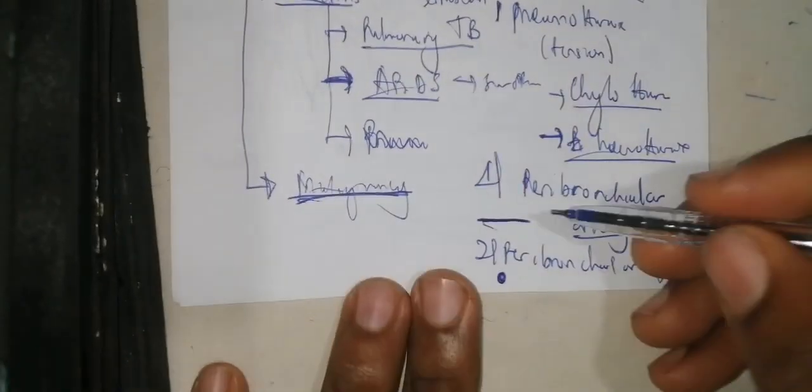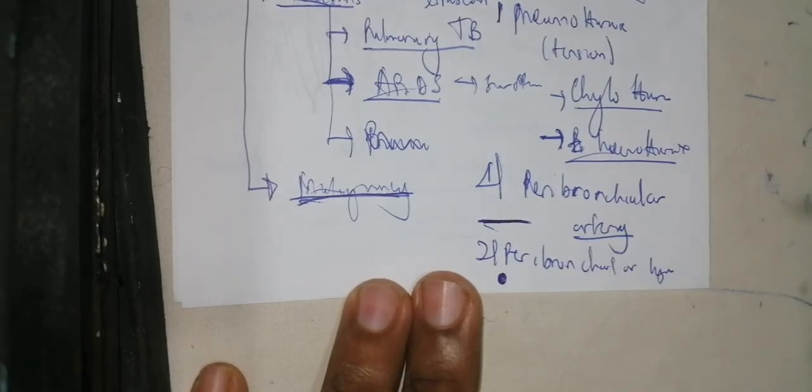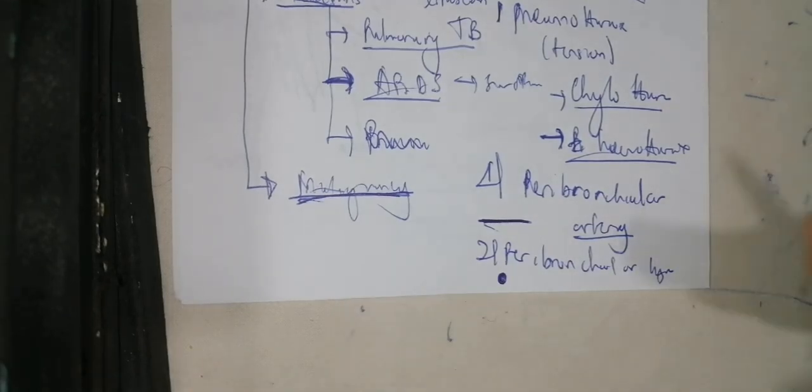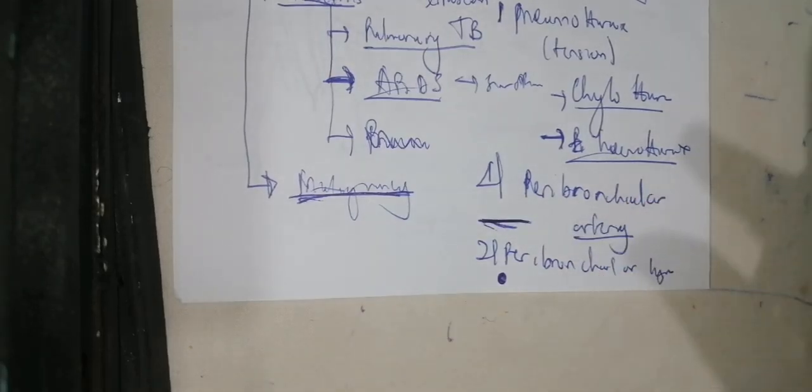So when you see lines, you think of peribronchial artery. When you see a nodular aspect, you think of peribronchial lymph nodes. When you see these lines that are very large, they are peribronchial arteries which are hypertrophied, particularly in the case of a pulmonary hypertension. So those are pulmonary arterial hypertrophy.